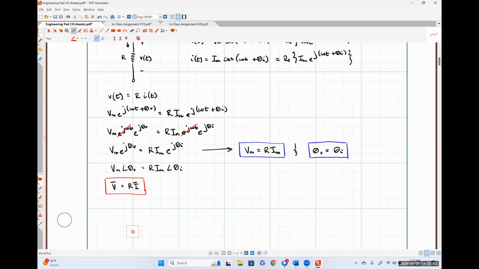So just to recap, for resistors, Ohm's law still applies in the frequency domain. The magnitude of the voltage drop across the resistor will be equal to the resistor value times the magnitude of the current, and the voltage and current waveforms are perfectly in phase with each other.